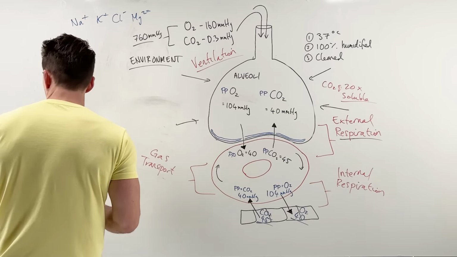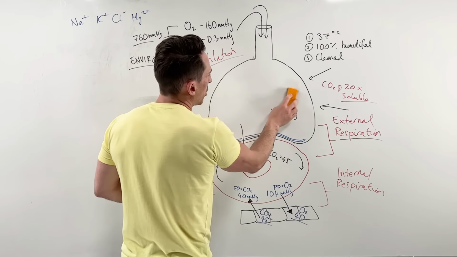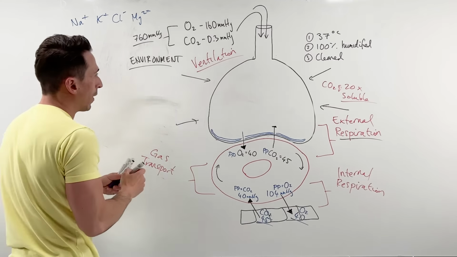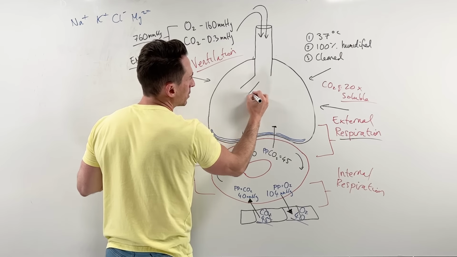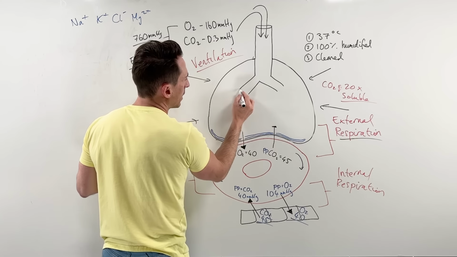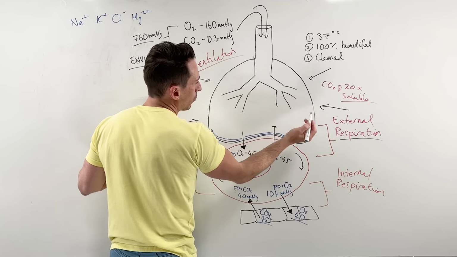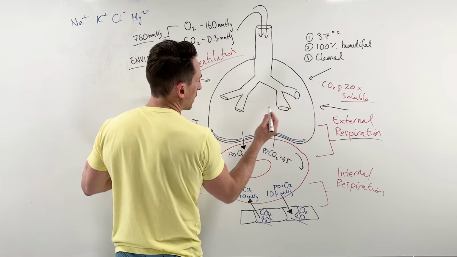Final point I want to add, because we've spoken about a lot, is I told you that you've got a lot of elastic tissue inside of your airways, and this is important. So we've got the trachea, and let's now say it branches into the bronchi, and let's now say it branches out into all of these various bronchioles. So I want to draw this up like this. Let's highlight these tubes like that.